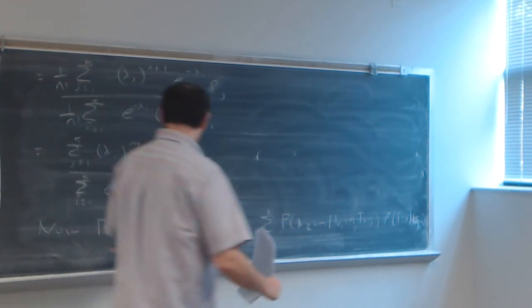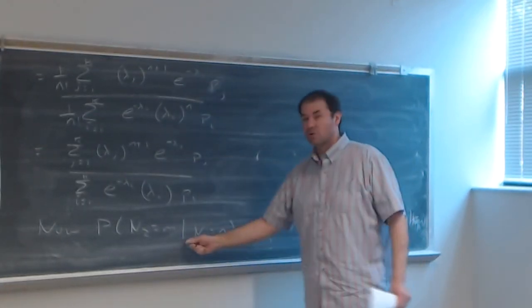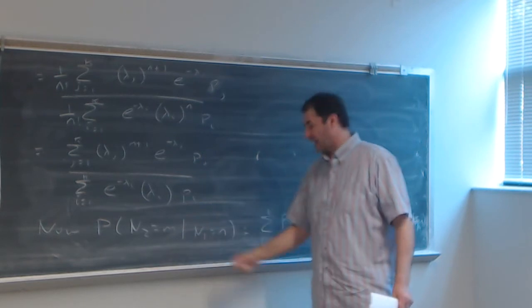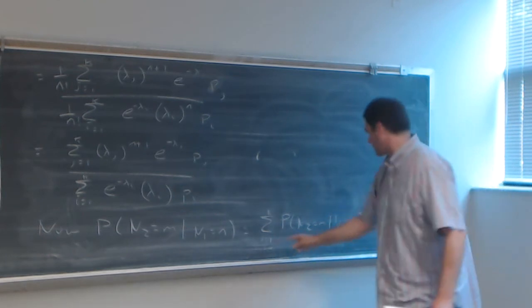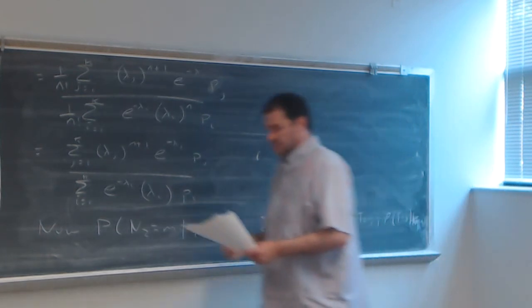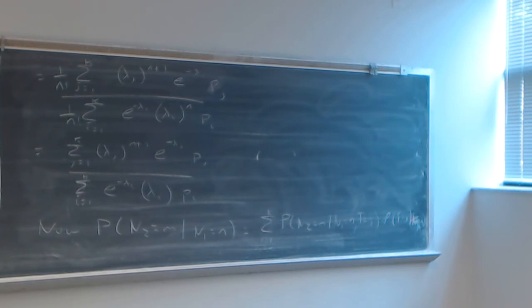Now, what I want to say here is this is a conditional PMF, okay? And so you can rewrite it in terms of this sum. And the sum will take care of the T sub j's, okay? So check it out. That's what it is.